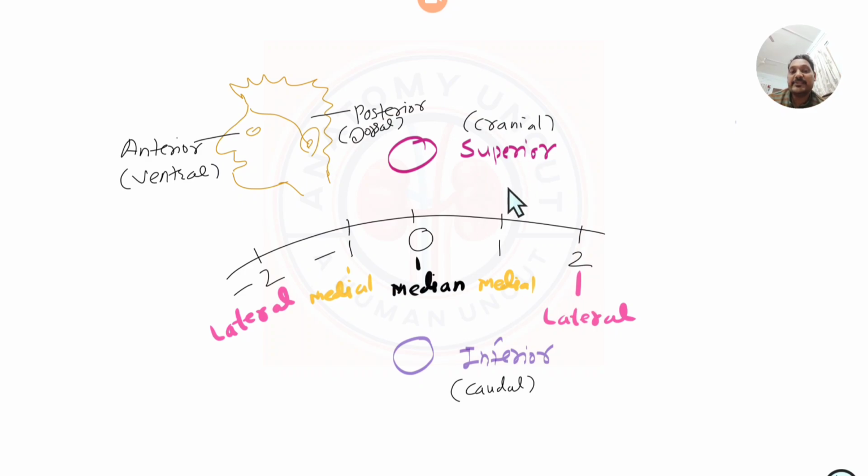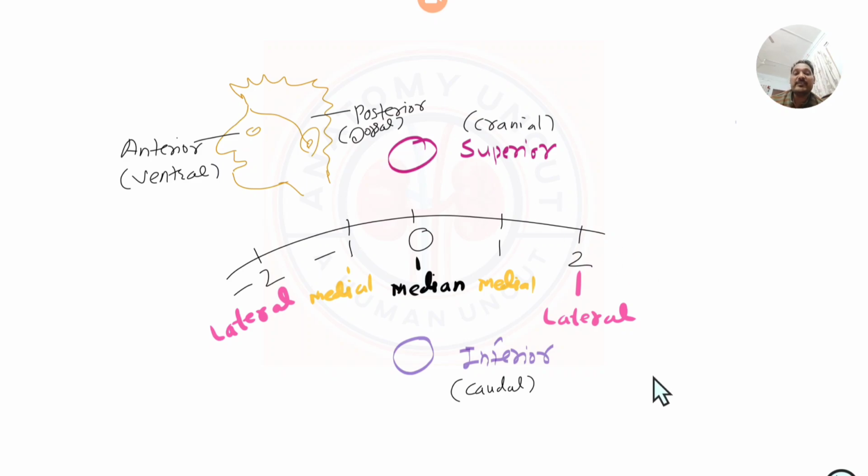Superior is the upper side, the inferior is the lower side. There is another synonymous term for superior, especially in the embryo part. We call it cranial, and inferior we call caudal. See here, I have shown you another term, anterior, also used synonymously with ventral. The posterior you use with dorsal.